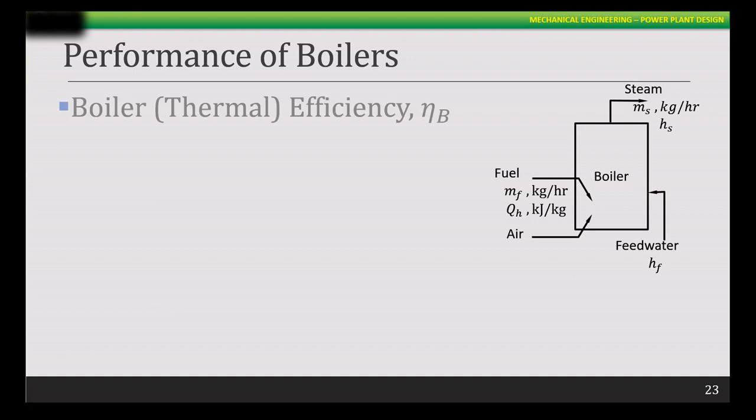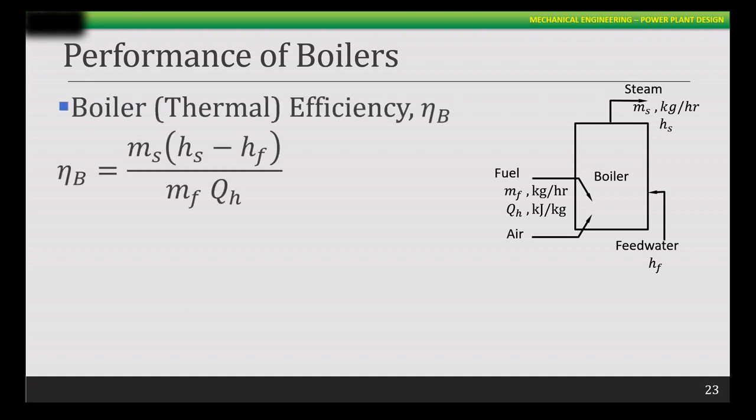Okay, and then we have the boiler thermal efficiency. This is QA, right? Mass of steam times HS minus HF, divided by the mass of the fuel times the heating value of the fuel. We want to measure how efficient the boiler is: the energy at the output divided by the energy at the input.